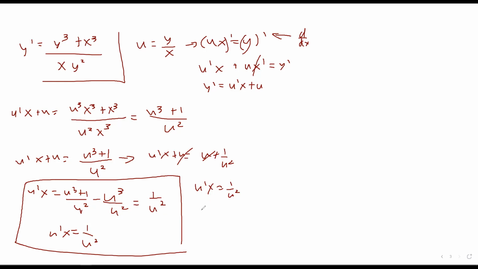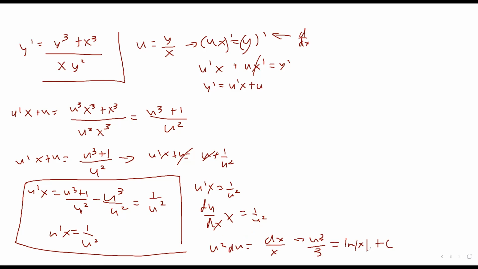We can write u prime as du dx and perform the separation, which requires us to put all the u's here and the dx and x's here to get u squared du equals dx over x. And this gives us u cubed over 3 equals ln x plus c.